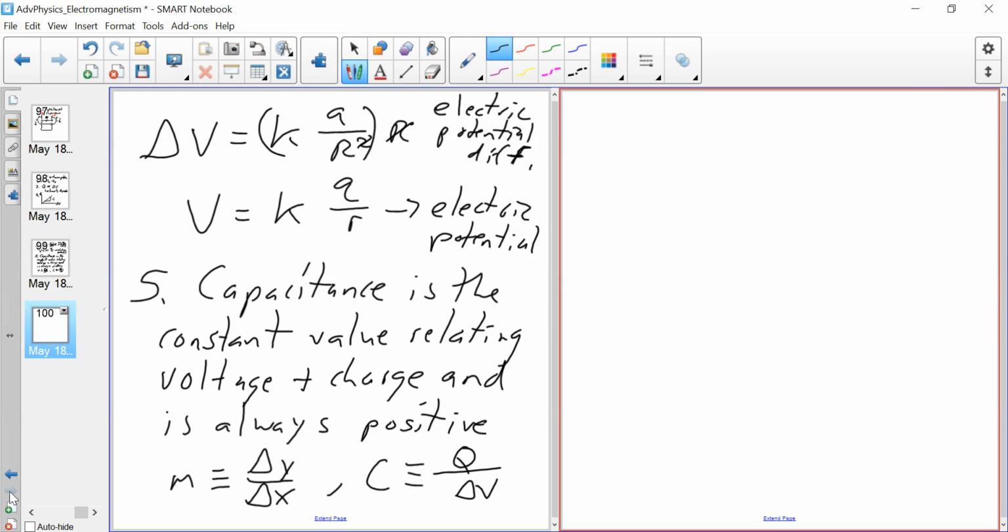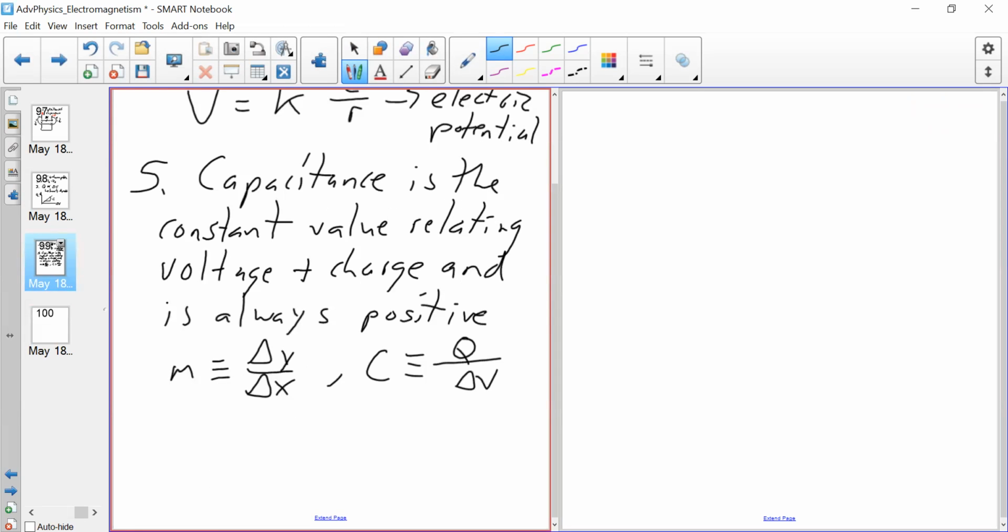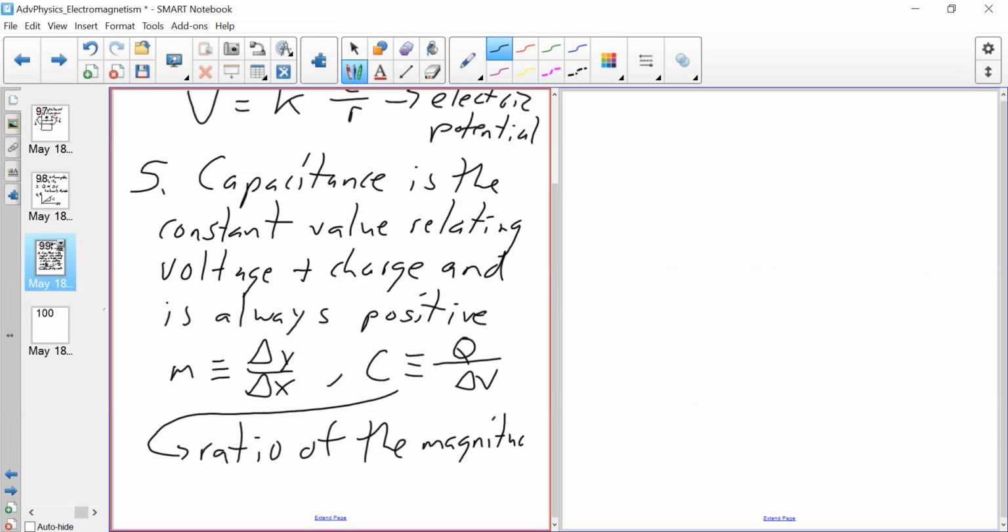Okay, all right, so let me just write this here. This is the ratio of the magnitude of the charge on conductors to voltage. You can do absolute value, but it's not necessary.